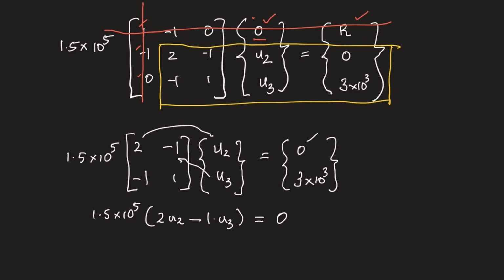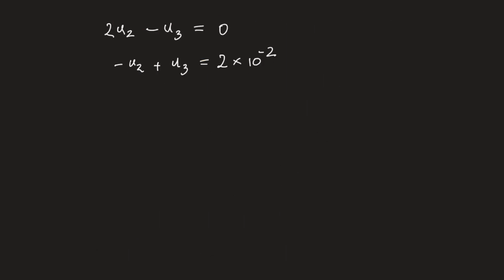The second equation is 1.5 into 10 raised to 5 into (minus 1 into u2 plus 1 into u3) is equal to 3 into 10 raised to 3. Now we can simplify these and write them as 2u2 minus u3 is equal to 0, and the second one as minus u2 plus u3 is equal to 2 into 10 raised to minus 2.